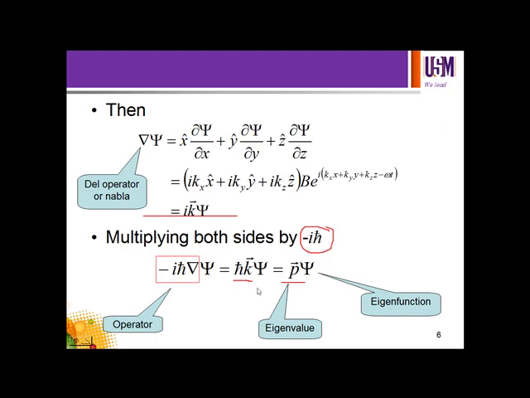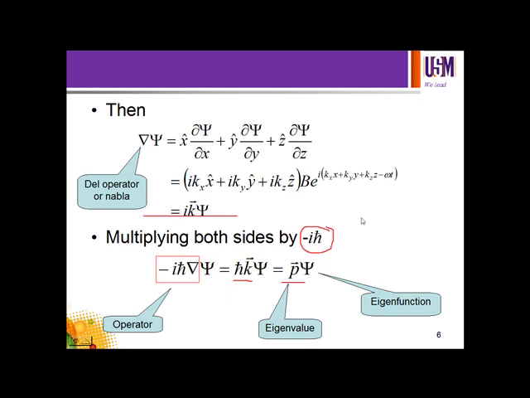So again, this equation is similar to the general Schrodinger equation, where you have an operator multiplied by a wave function equal to a value, which can be a vector in this case, multiplied by the wave function. The wave function is called the eigenfunction. Eigen means a characteristic function for that particular situation, and p is the eigenvalue, and the negative i h bar del or nabla is the operator for momentum.